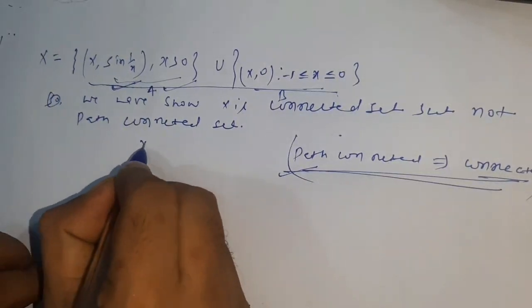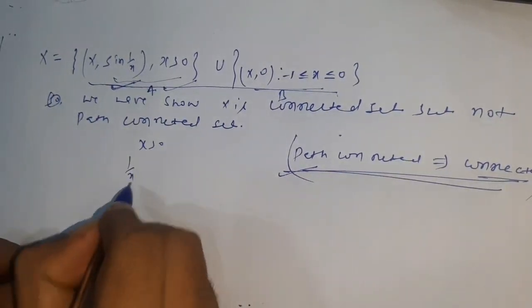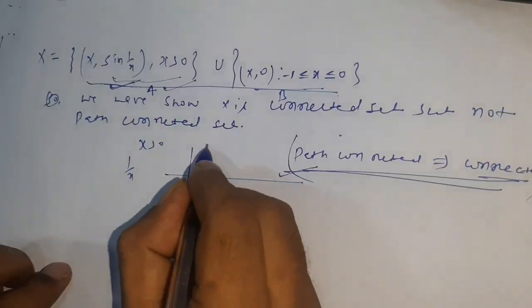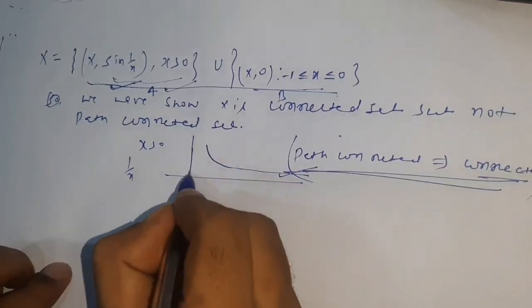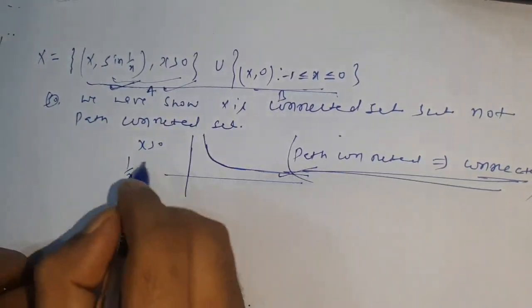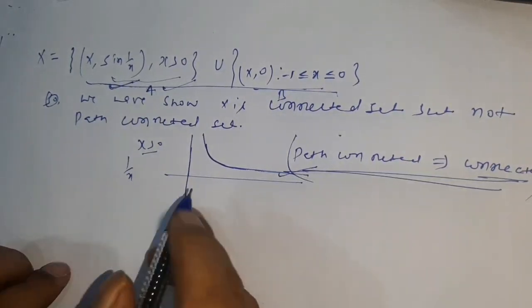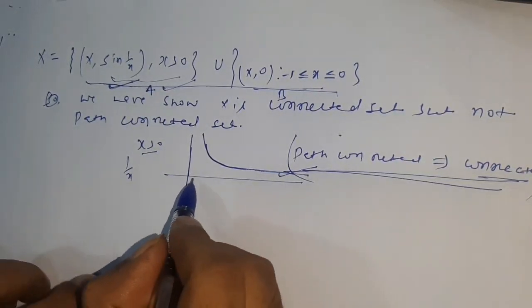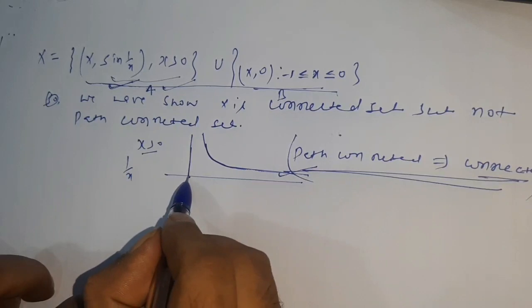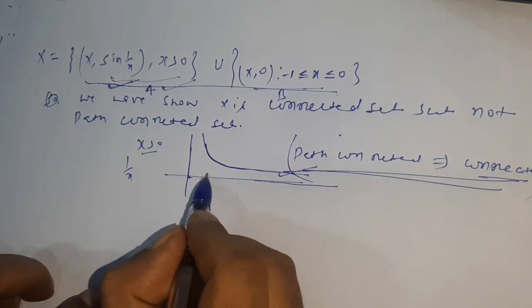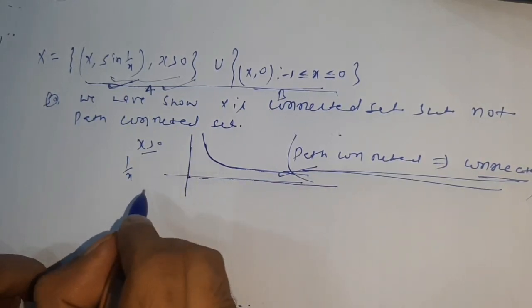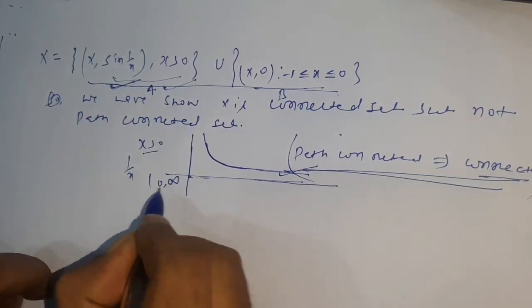Here x is positive. Then what is 1/x? You know the graph of 1/x. If x is positive, then x belongs to 0 to infinity, and 1/x also belongs to 0 to infinity.